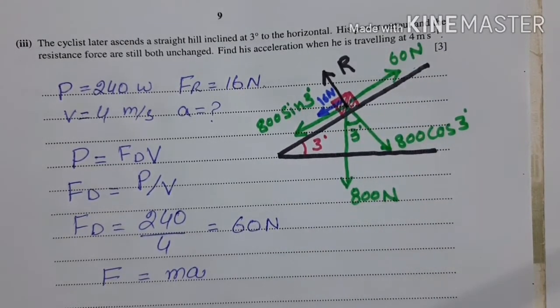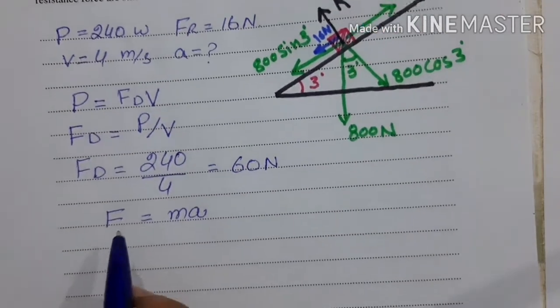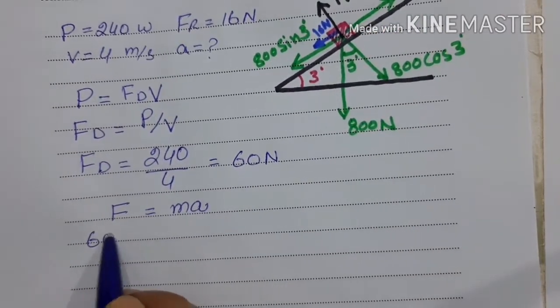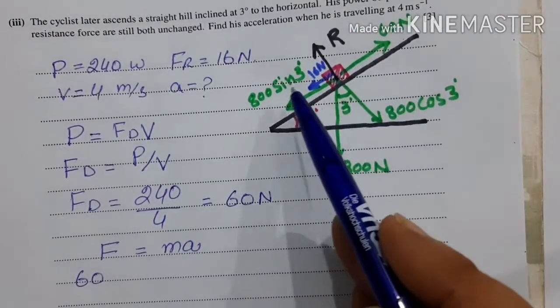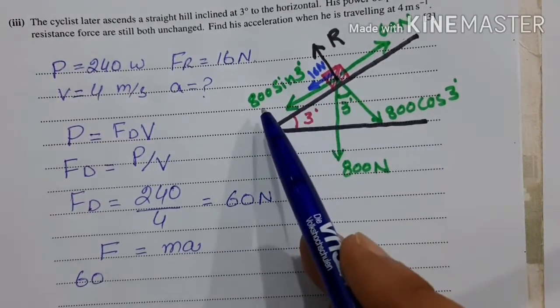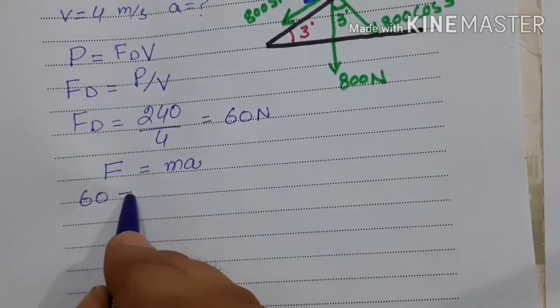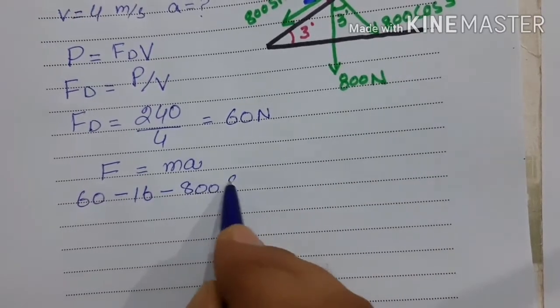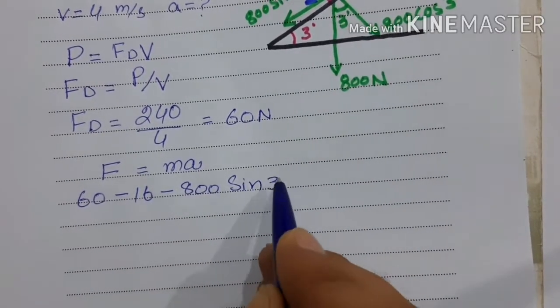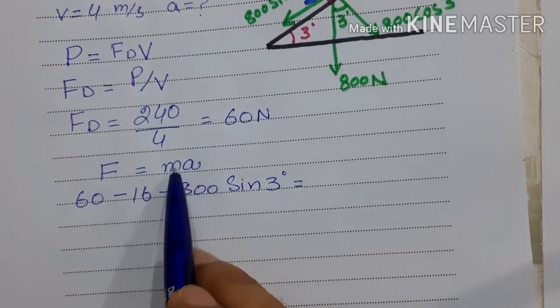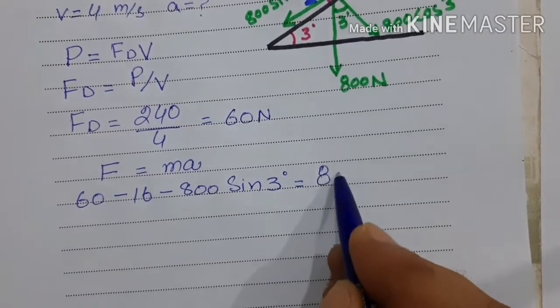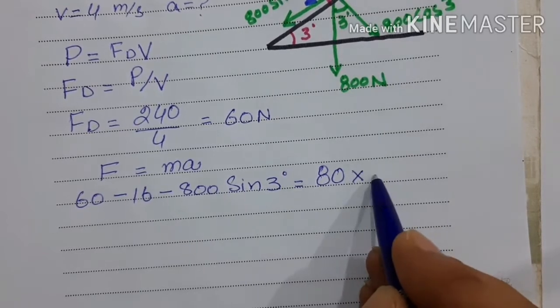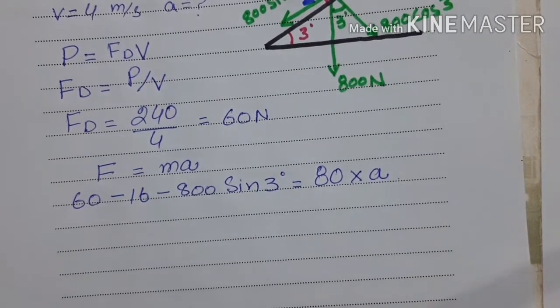So the resultant force will be 60 minus 16 minus 800 sine 3 is equal to mass, which is 80, times acceleration, which we are going to find.